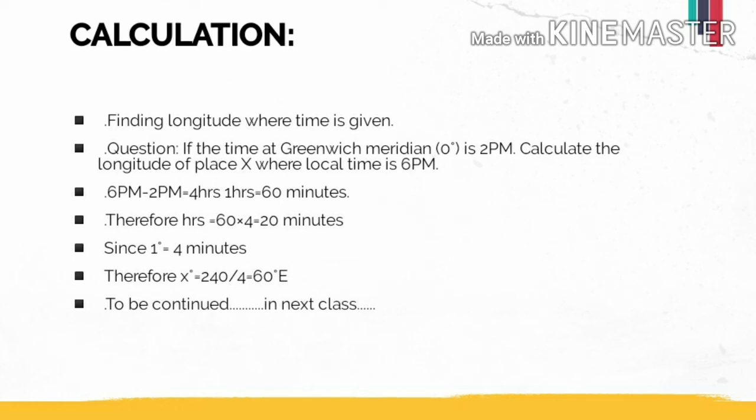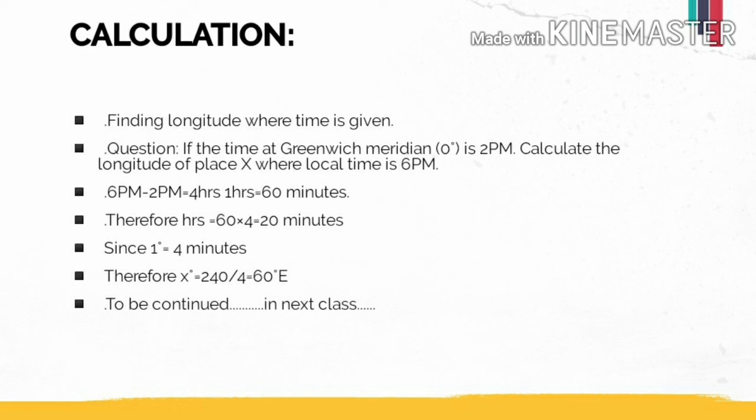It is 2 p.m. at 0 degree, but it is 6 p.m. at x, which means it is coming after 2 p.m. That is why we write east. We'll have to write east in the answer. But if the time at x degree was before the time at 0 degree, that is Greenwich Mean Time, then we should have written west.